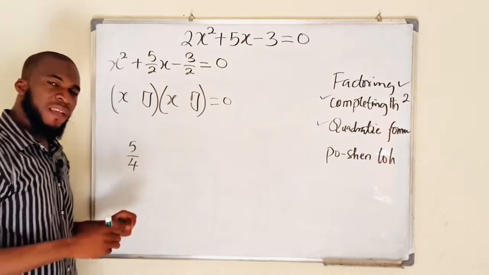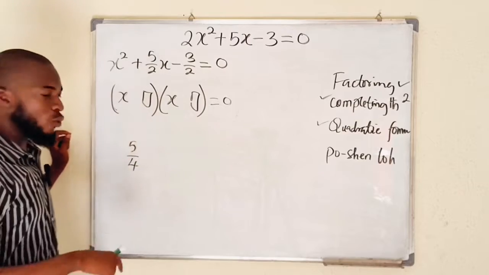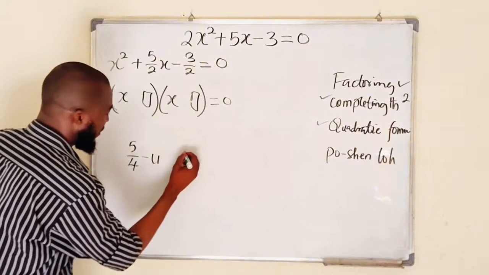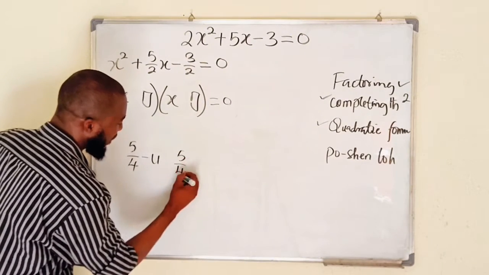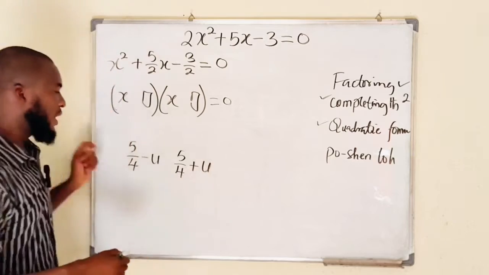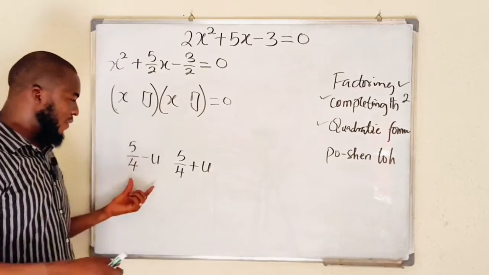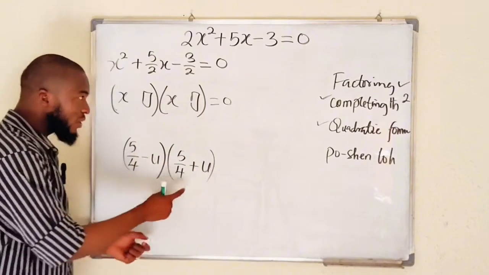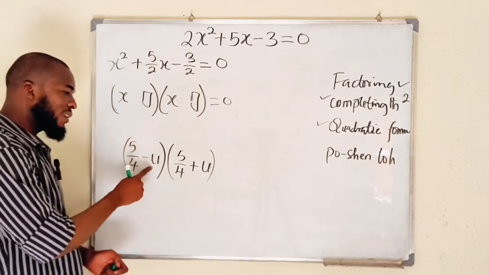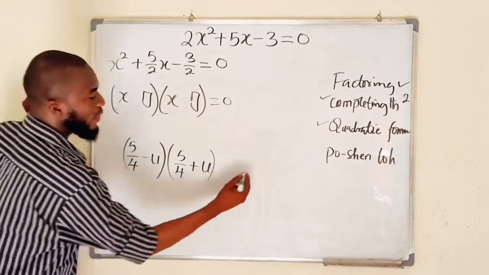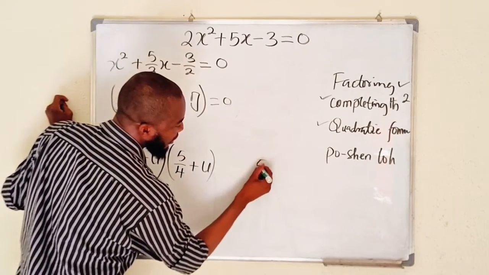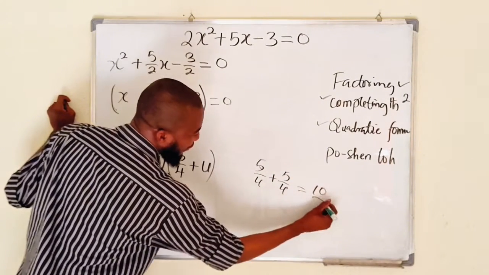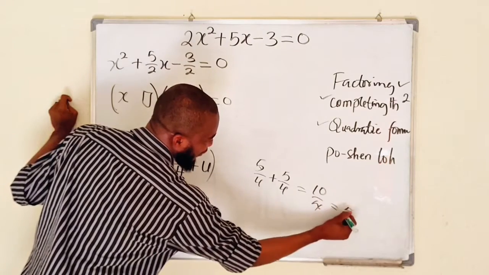He said that you can remove and add the same quantity to this number. So let's remove u. We have to look for u. Then also 5 over 4 plus u. Observe, if you add these two numbers together, you must get 5 over 2 because negative u and positive u will cancel, leaving only 5 over 4 plus 5 over 4, which is 10 over 4, in lowest terms equal to 5 over 2.